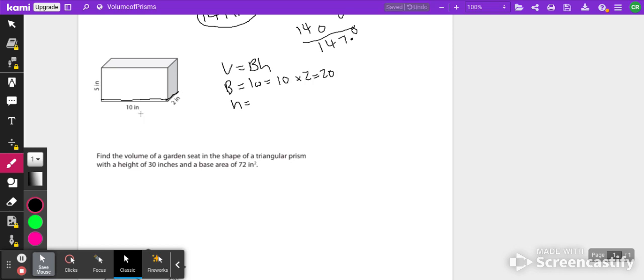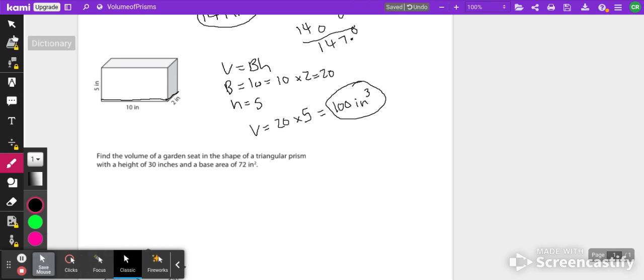And then the height would be how tall the box is, so that's 5. Now that we have our numbers, we can plug them into the formula. V equals the big B times the H. 20 times 5 would be 100. So it'd be 100 inches cubed because it's volume.